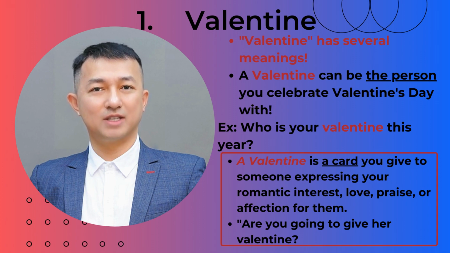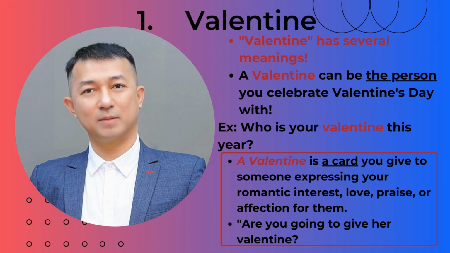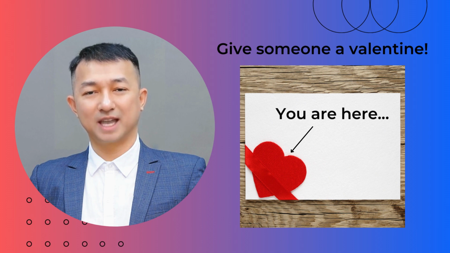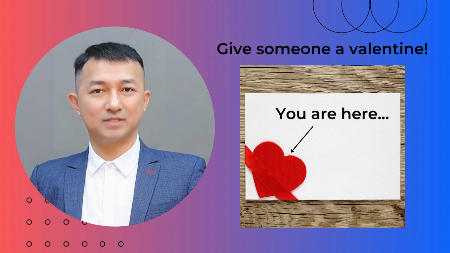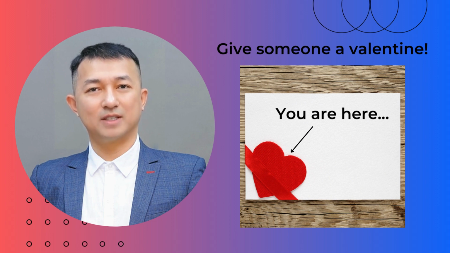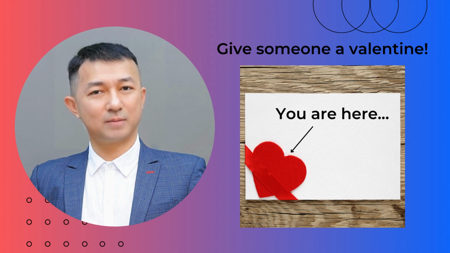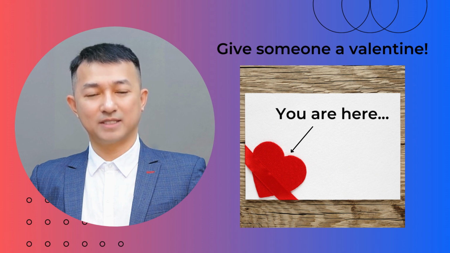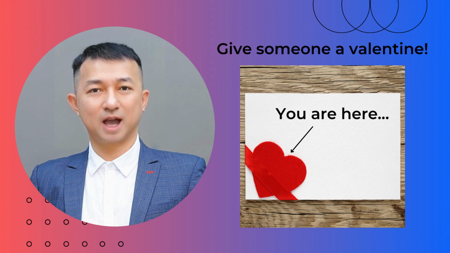So let's take a look and talk a little bit more about some common kinds of Valentines. Here we see an example of a card you might give someone, and we could say we are giving them a Valentine, giving them a card that shows how we feel. Here the card has a heart on it and says, "You are here in my heart." And on the inside, it might be a lovely message where you're telling the person all about how much you care about them and so on.